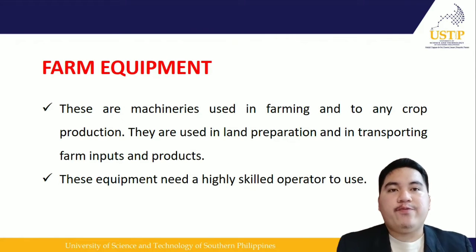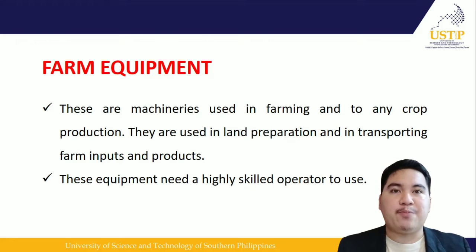Okay, next we have farm equipment. These are machineries used in farming and in any crop production. They are used in land preparation and in transporting farm inputs and products.